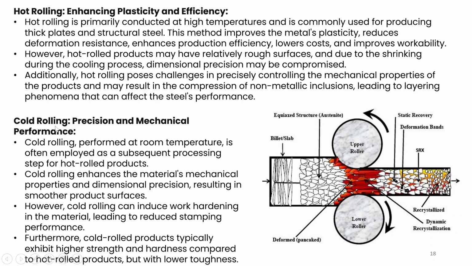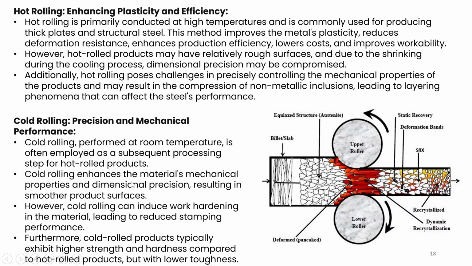In case of cold rolling, precision and mechanical performance. So in cold rolling, you will get more precise and higher tolerance compared to hot rolling. Cold rolling, performed at room temperature, is often employed as a subsequent processing step for hot rolled products.